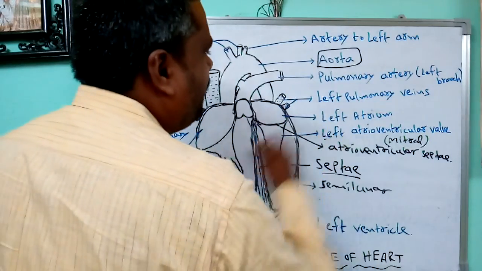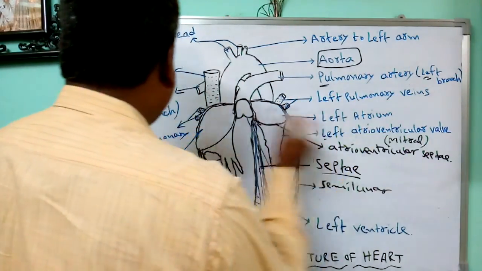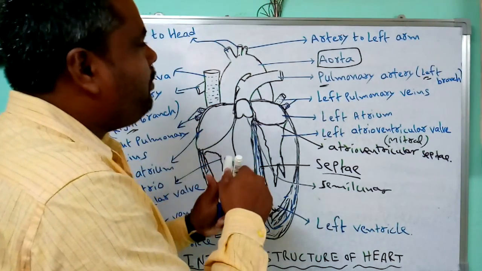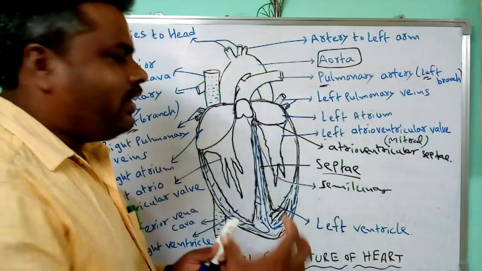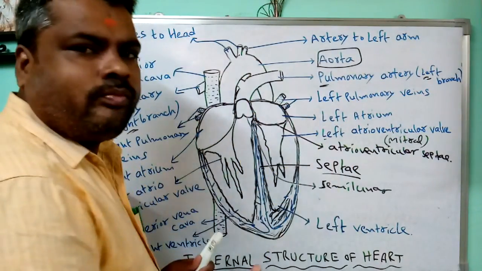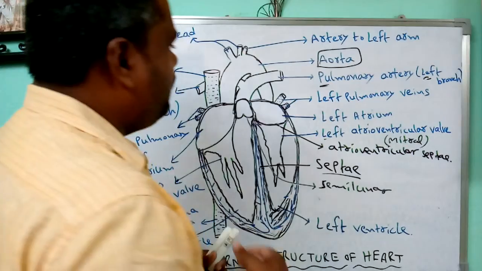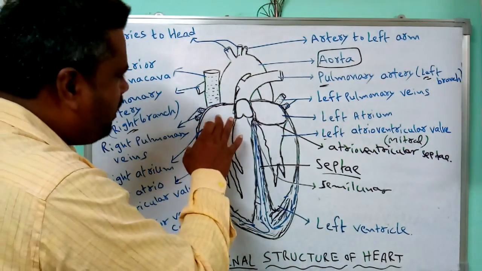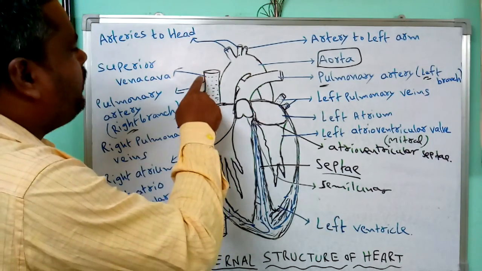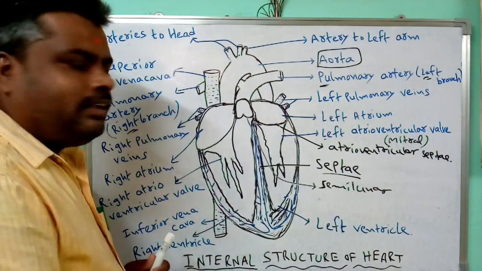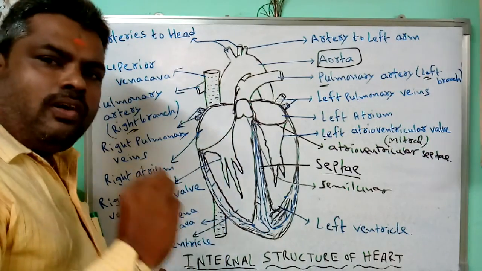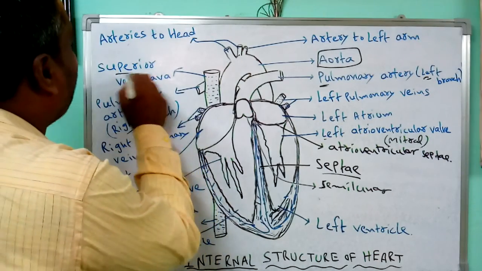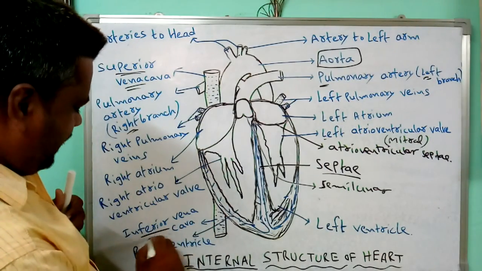This pulmonary artery is again divided into a left branch and a right branch. The pulmonary artery carries blood from the heart to the lungs. Next, non-rigid blood vessels attached to the heart are commonly called vena cava. Generally, two types are attached to the heart, the superior vena cava and the inferior vena cava.